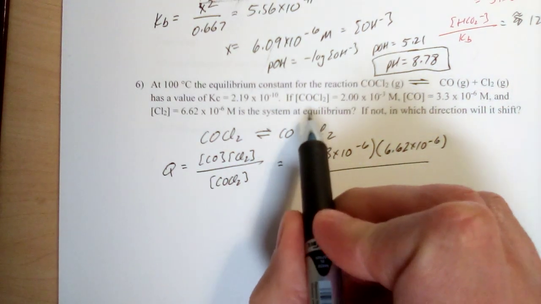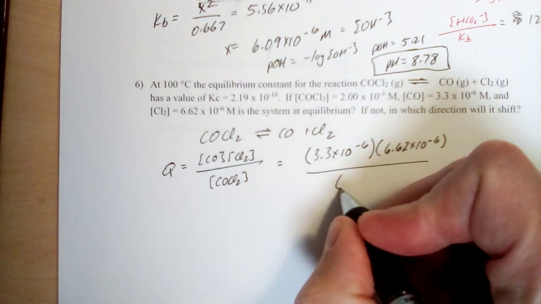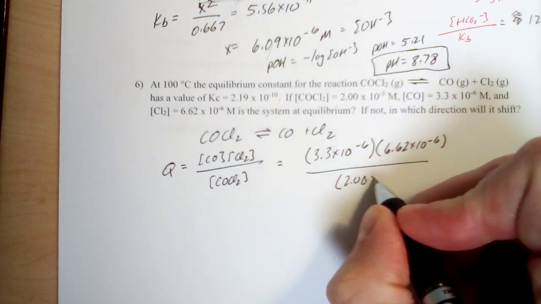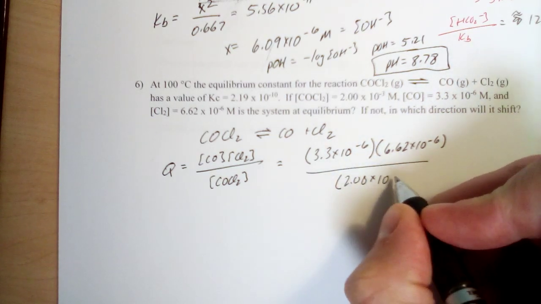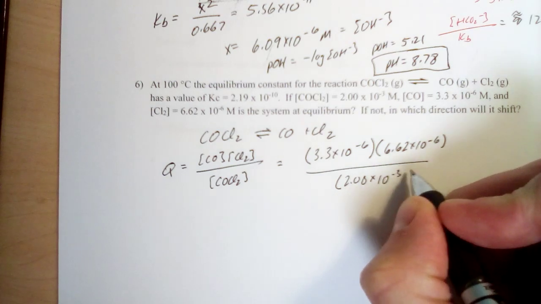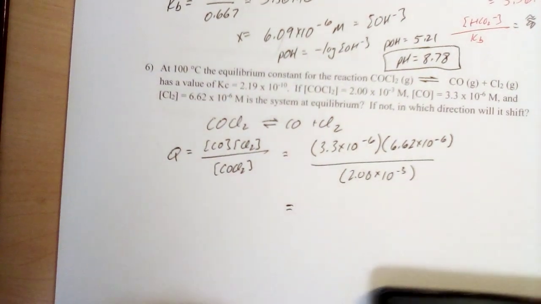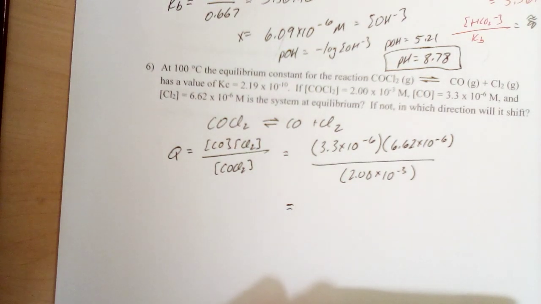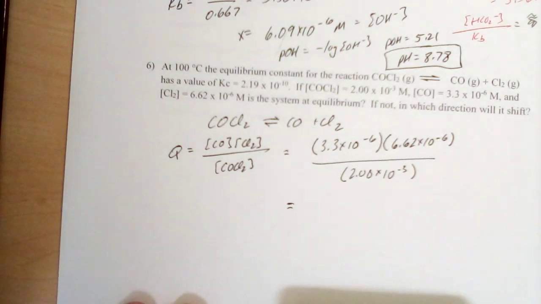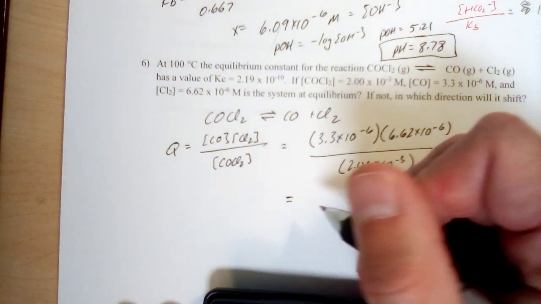And the concentration of the reactant that would go on the bottom here is 2.00 times 10 to the minus 3rd. No exponents, so all we have to do is plug that in. That'll give us the value we're looking for. So 3.3 times 10 to the minus 6th times 6.62 times 10 to the minus 6th divided by 2 times 10 to the minus 3rd. You do have to punch in all your exponents correctly here, though.